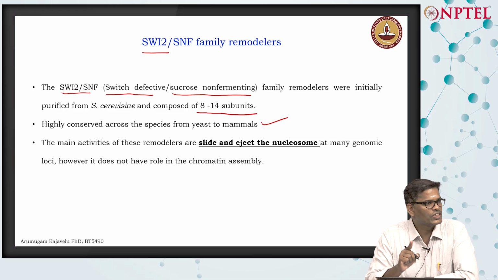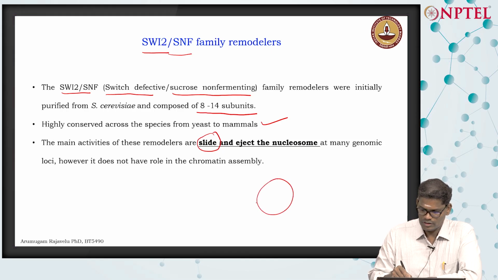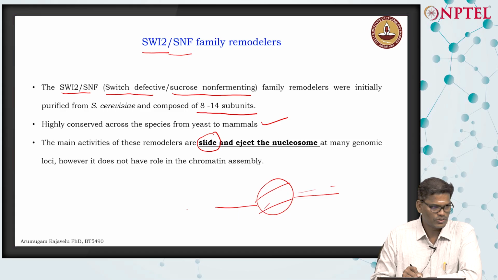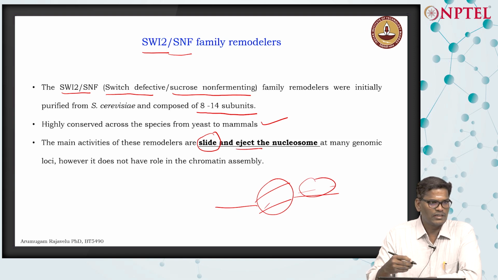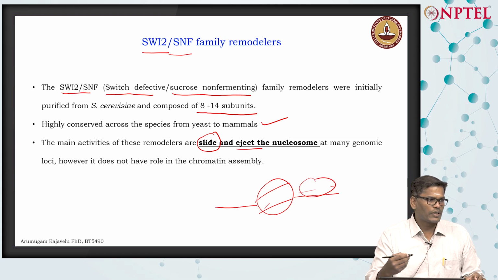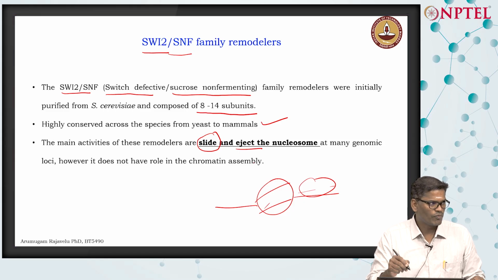So, what are the key functions of this SWI/SNF family? It is primarily involved in the sliding of nucleosomes. Sliding means you have the DNA structure, I mean nucleosomes, and the nucleosome will be rolled along, so the DNA will be free. So this is the sliding mechanism. The nucleosome will roll and the DNA molecule will be free, and eject. As I said, one of the histone isoforms can be removed and then a new form will be added.